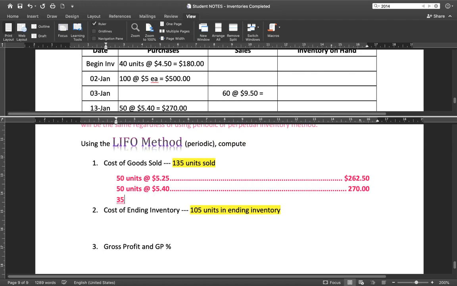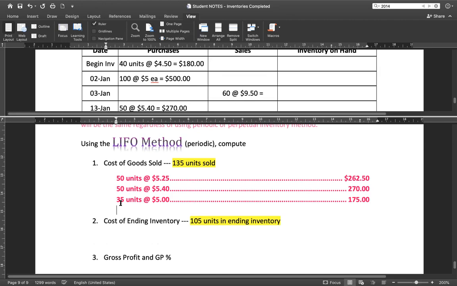So we have then 35 units at $5, and 35 times 5 is equal to $175. Let me just verify this. 35 times 5, excuse me, 35 units times $5 is $175.